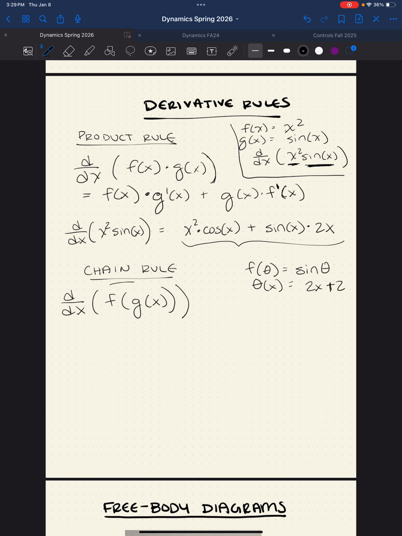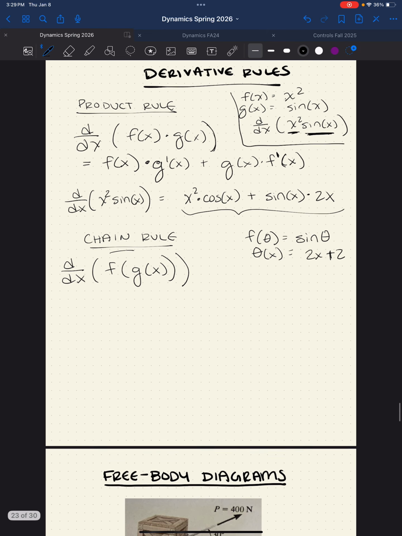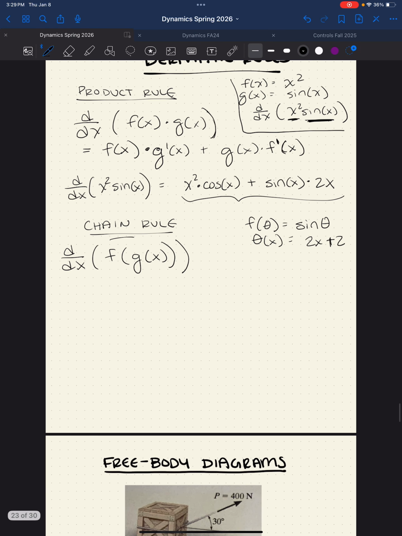You cannot take the derivative of sine of theta with respect to x. There's no x's there to take the derivative with respect to. You need to use chain rule. So here is our chain rule formula.